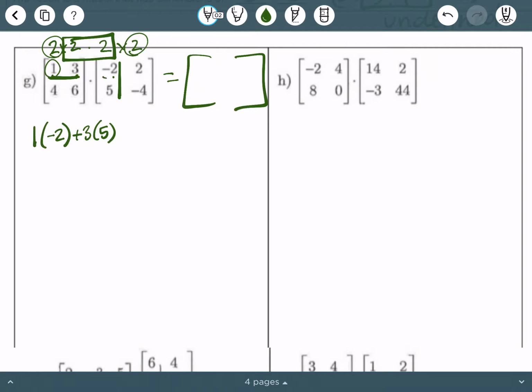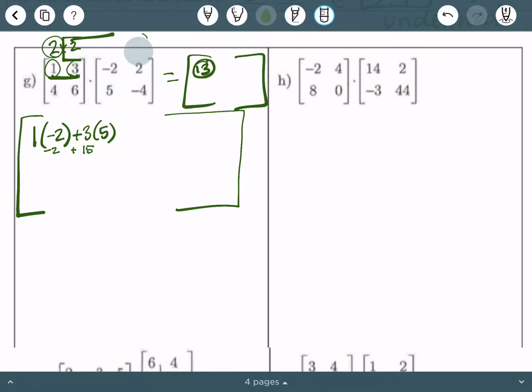All right, so 1 times negative 2 and 3 times 5. And that is going to give me the first part that goes right here in my equation. So that's negative 2 plus 15. Negative 2 plus 15 would give me positive 13. So for that first section, I have that one there.